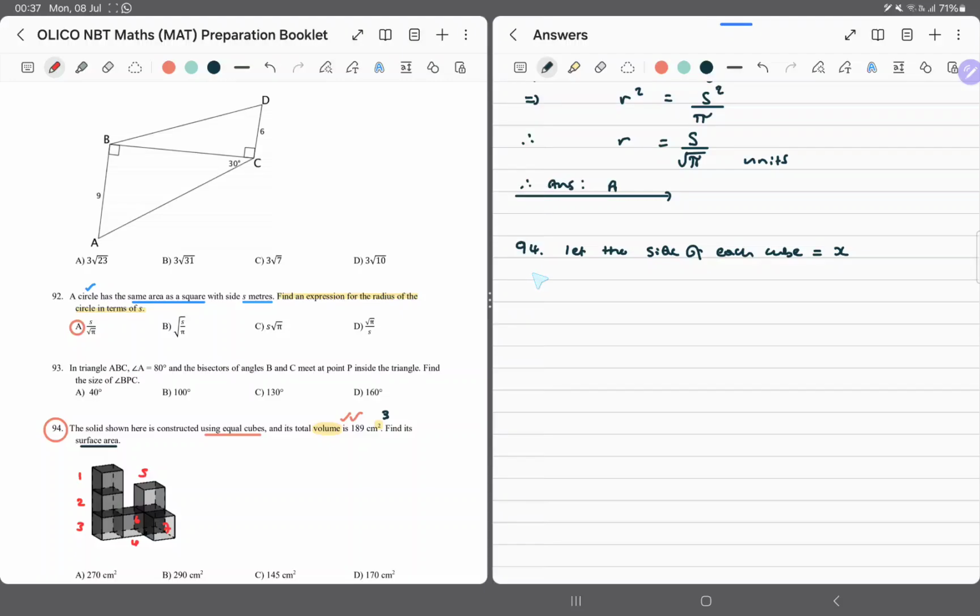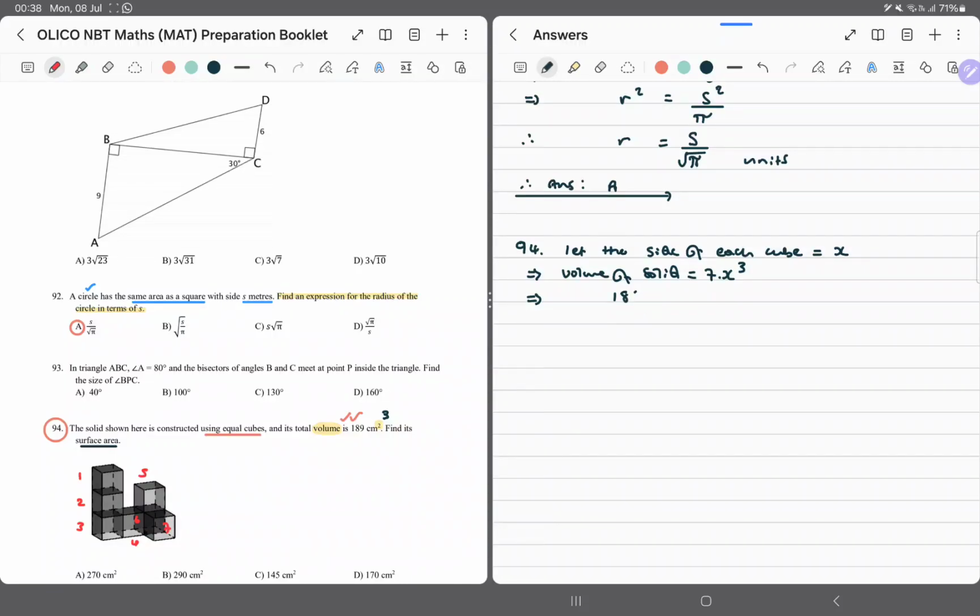And then this would imply that the volume of the solid is going to be equal to x cubed times 7, right? So this is 7x cubed because there's 7 of these and each one is x cubed.